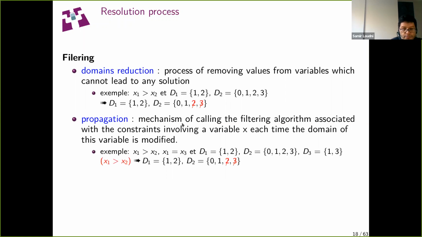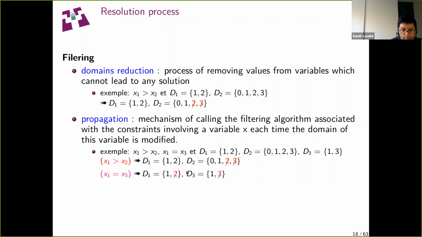Now, if we add a new constraint, an equality constraint between the variables x1 and x3, we can reduce the domain of these variables to 1. So we can remove values 2 and 3 from the domains of x1 and x3.